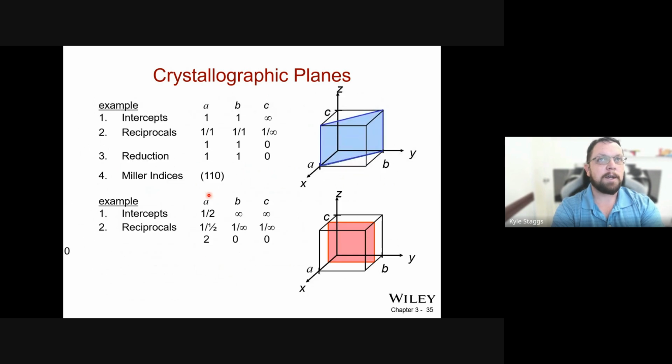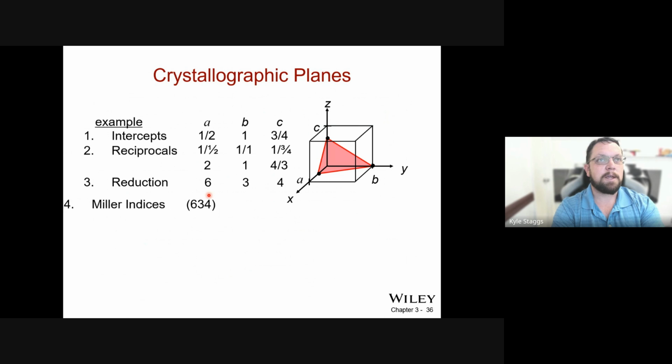They're all going to have the same Miller indices. Whether this was scaled up or scaled down, the reason mathematically for the reduction is, even if this were taken at a parallel plane 10 times farther out, we would have a 60, 30, 40 coordinate set, and that would still reduce down to the same Miller indices of 6, 3, and 4.